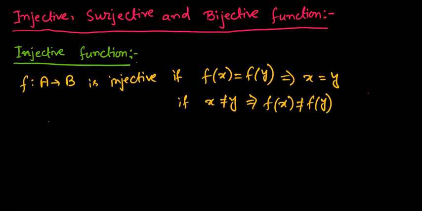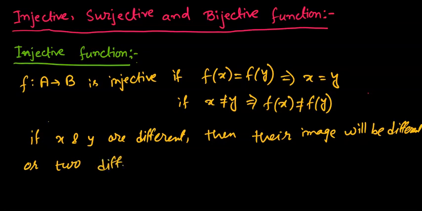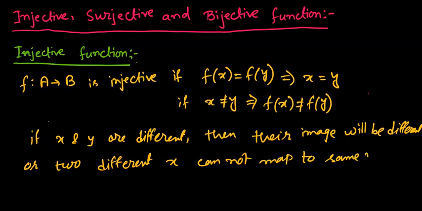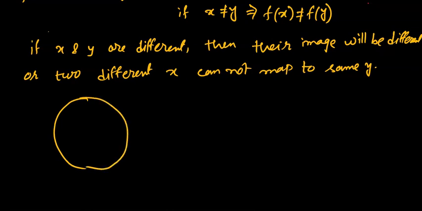It generally means if x and y are different, then their images will be different, or two different x cannot map to the same y.